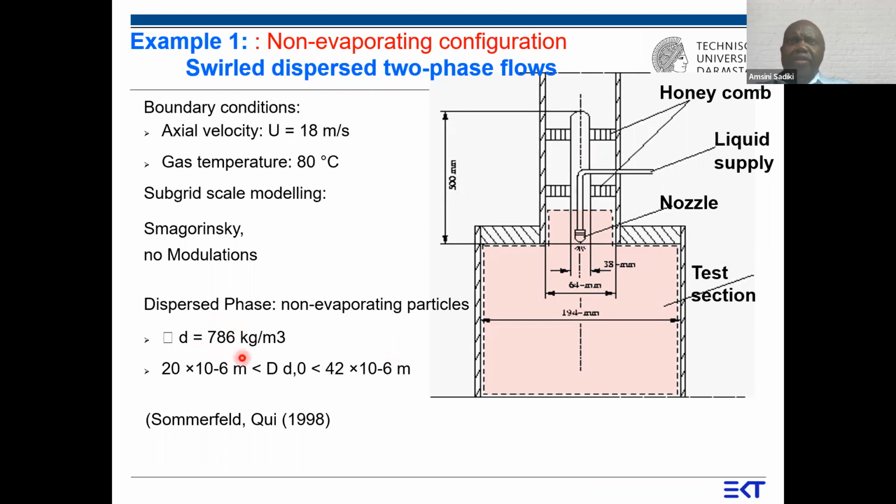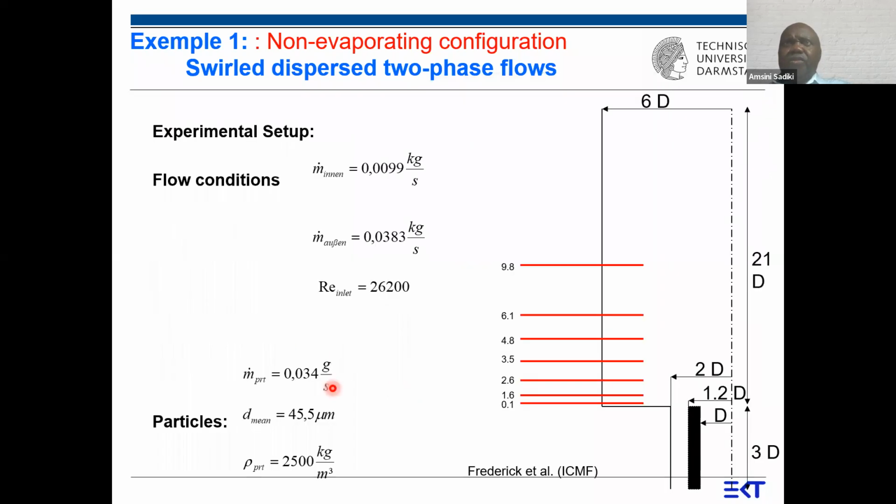So the diameter is this, and this is the Sauter mean diameter, and we consider this distance here. This is the range of the diameter we are accounting for in this test section.